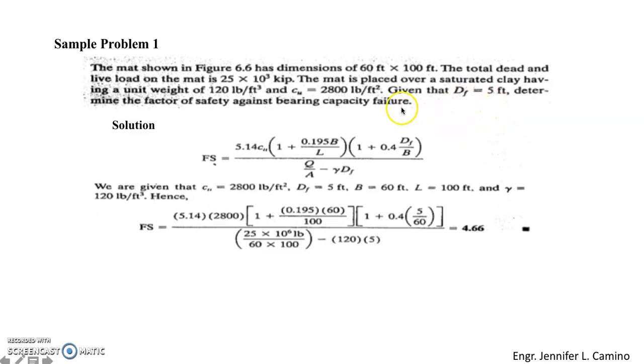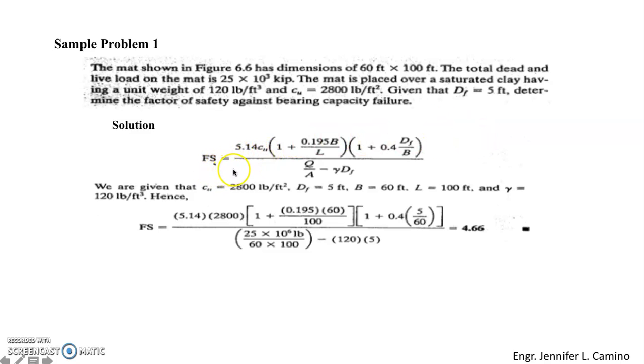The total dead and live load on the mat is 25 times 10 to the third kips. The mat is placed over a saturated clay having a unit weight of 120 pounds per cubic feet, and the Cu, the undrained shear strength, is 2,800 pounds per square feet. Given that Df is equal to 5 feet, determine the factor of safety against bearing capacity failure.